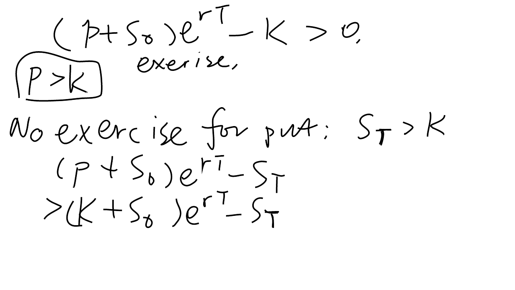To prove that it is greater than 0, you have P is greater than K, and K is greater than ST. We have to buy. Oh, sorry. No, K is not greater than ST. Yeah, I need to think about this one.